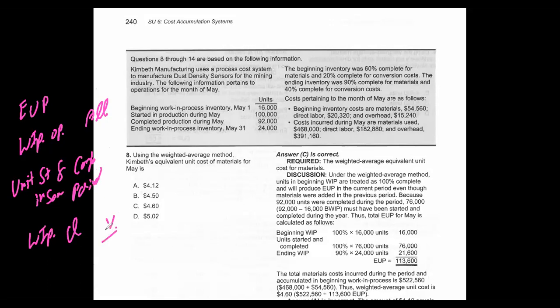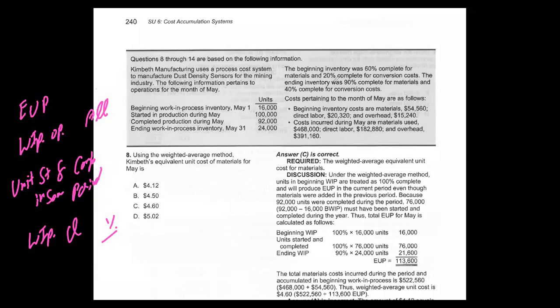Students, let's read the question and try to calculate the equivalent units of production. Kimball Manufacturing uses a process cost system to manufacture dust density sensors for the mining industry. The following information pertains to the month of May. Here we have beginning inventory, units started during the month of May, completed ones and ending.